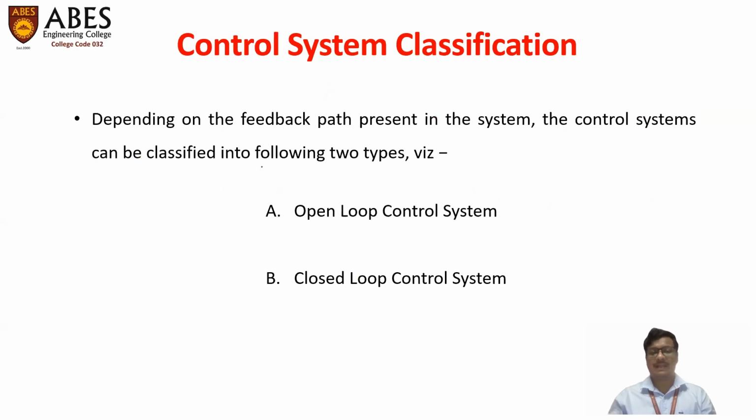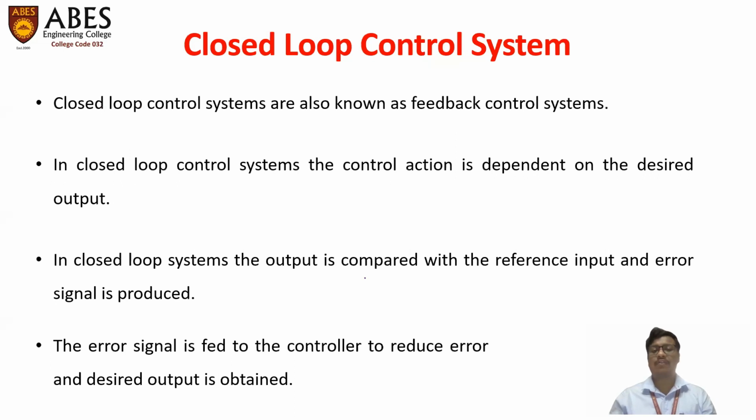In the previous class, we talked about the open loop control system. Open loop control system has no feedback path, whereas in the closed loop control system, there is a feedback path. Now, what is a closed loop control system? In the closed loop control system, we can say the control action is dependent on the desired output.